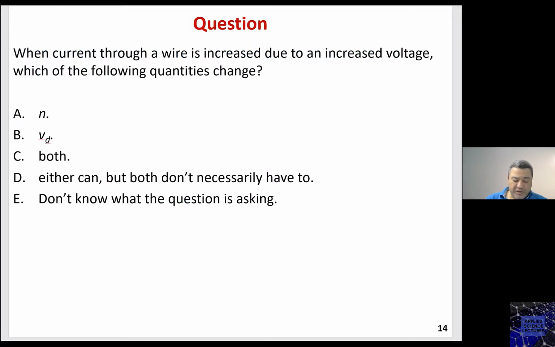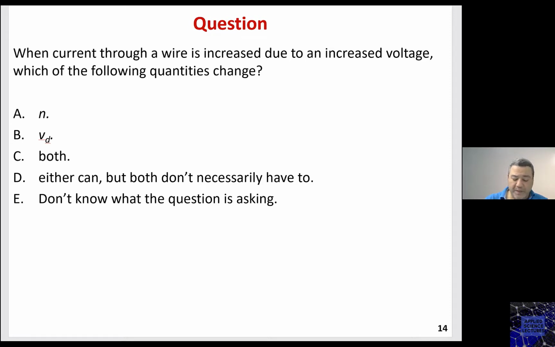Now let's look at this question. When the current through a wire is increased due to an increased voltage, we all know that the potential difference across the wire caused by the battery, for example, is what induces the force causing those charges to flow.